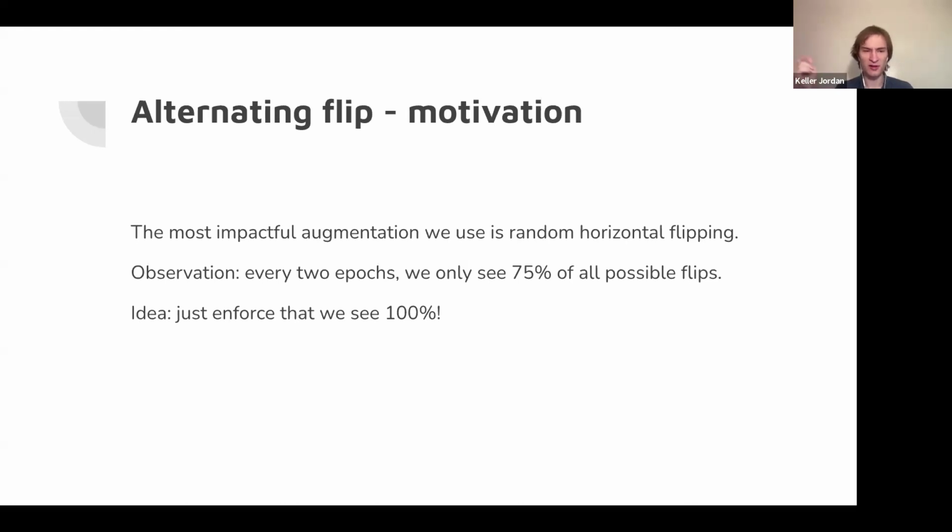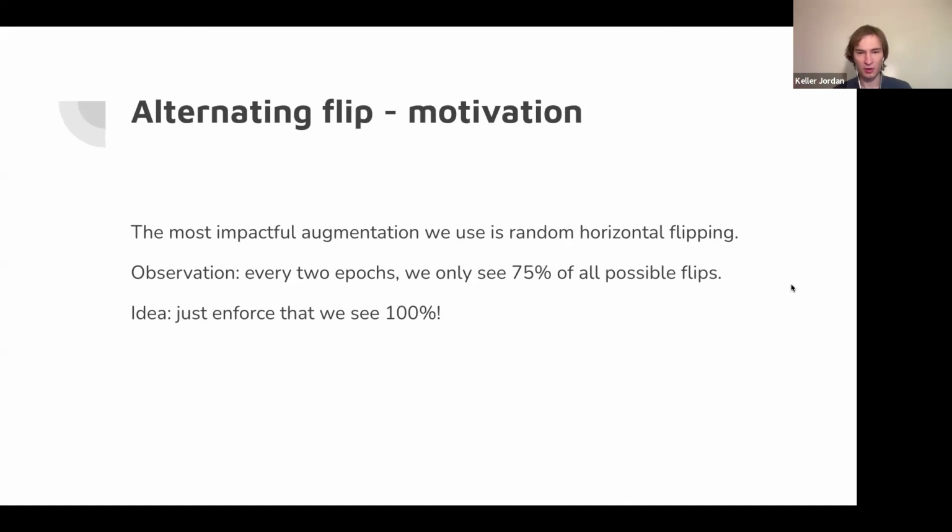But here's the motivating observation. If you do random horizontal flipping normally, IID, then every 2 epochs, you don't actually see all possible flips. Let's say you have no other augmentations besides horizontal flipping. If you have n examples in your training set, then there are 2n unique possible training examples, because there's every example and its flipped counterpart.